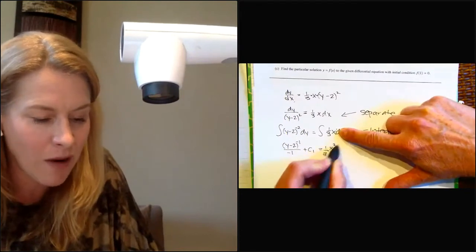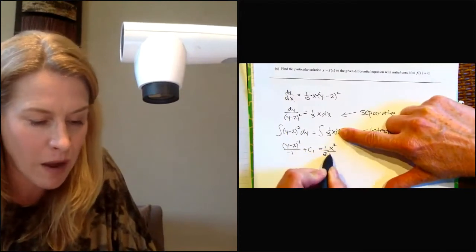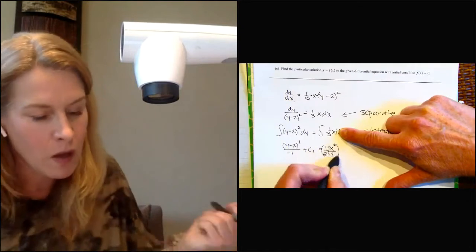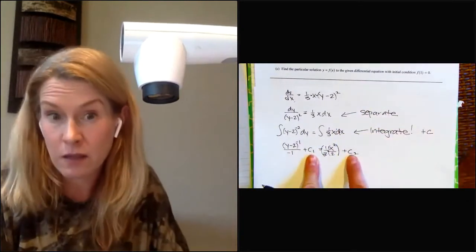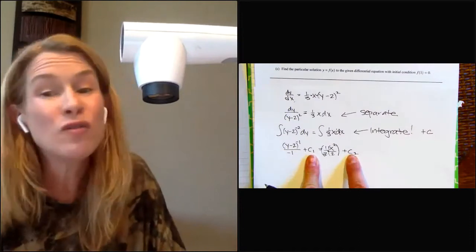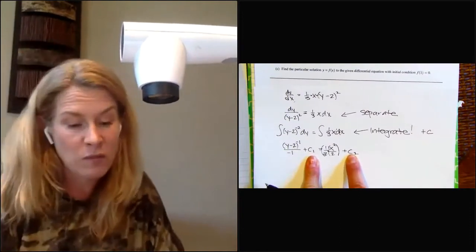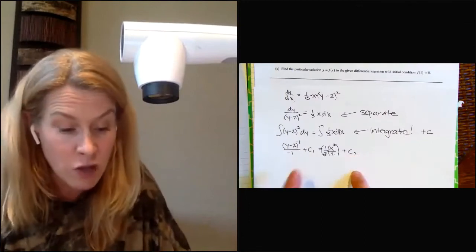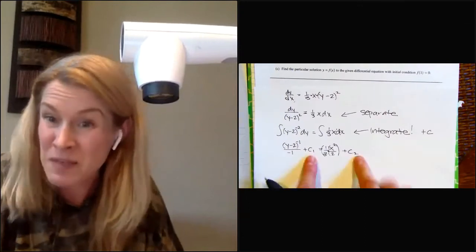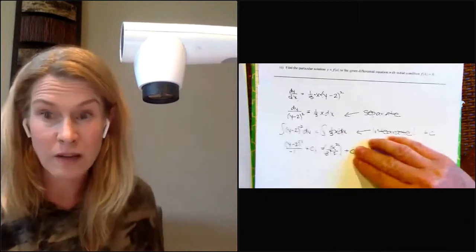Now I divide by my new power, so I'm dividing by 2, and that's a plus c. I'm going to call it C2. This is a constant. This is a constant. No, you don't have to show C1 and C2. I'm just doing that to be obnoxious because if there's a constant here and a constant here, can't we just combine them together and make one constant, right, Akshita?